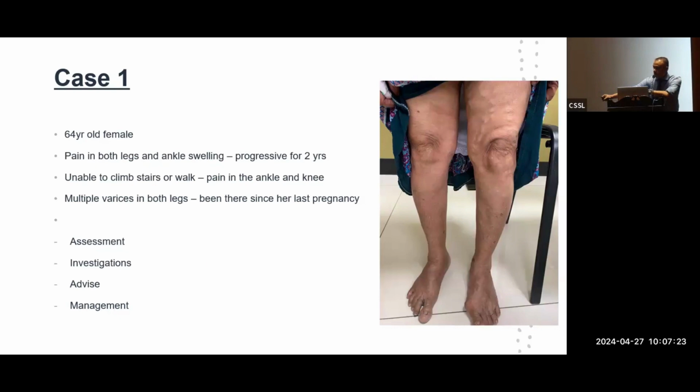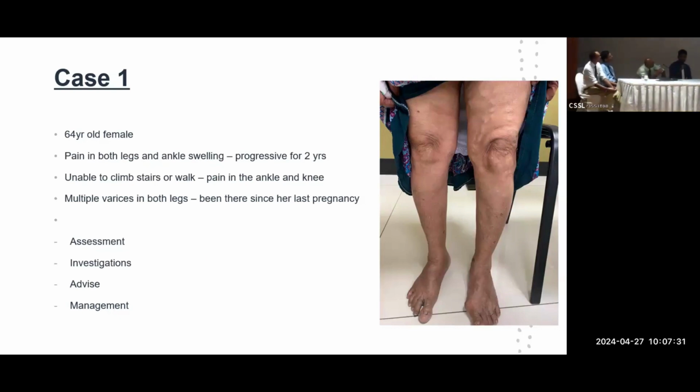Malaka, can I start off with you? How will you proceed? Musculoskeletal pain.